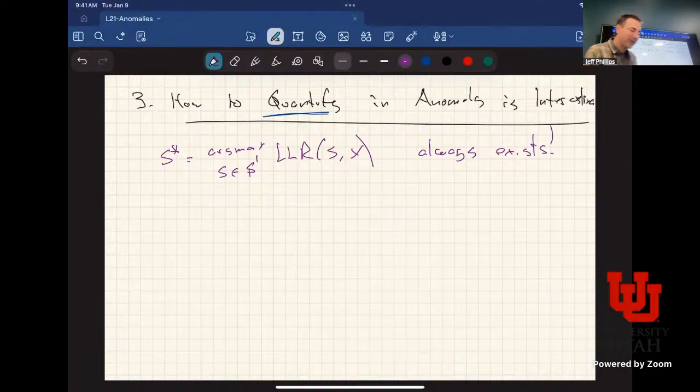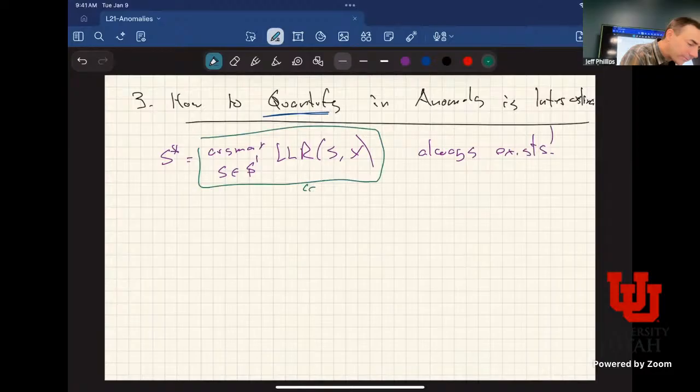Okay, this is going to be some code you run, and it's going to output some answer, and it's always going to give you an answer. So now what? Should I go tell my collaborator an interesting anomaly? It's this one, right? You should go and look at this. Something interesting is going on here. And so what we need to quantify, I found something, is it interesting?